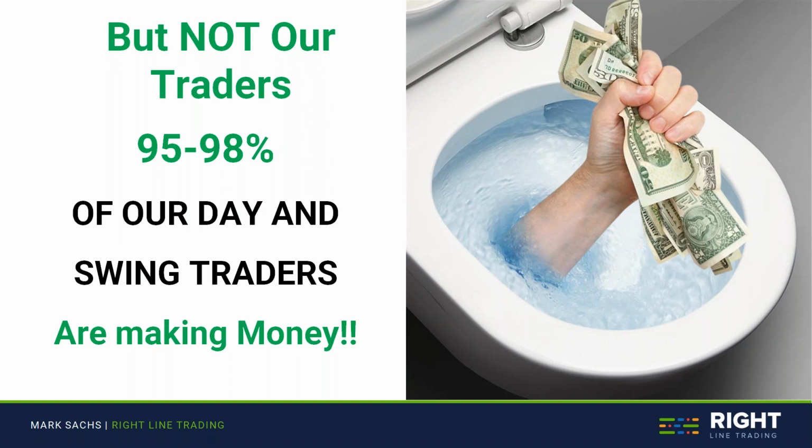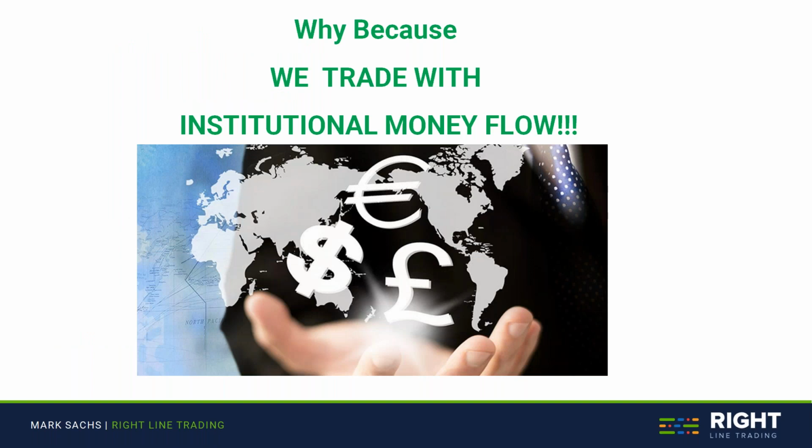The institutional traders. So why are our traders making money and most traders are not? Because we trade with institutional money flow. If you're not trading with the institutions, then you're really spinning your wheels, because all they're doing is taking your money.